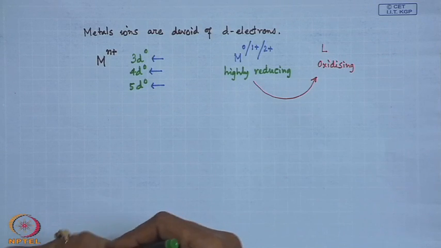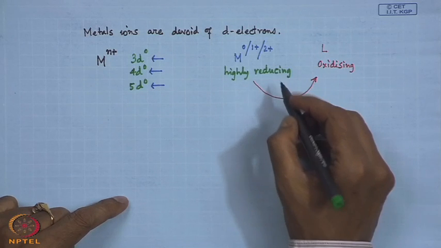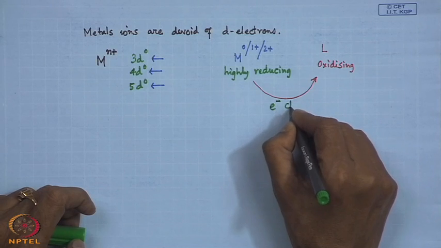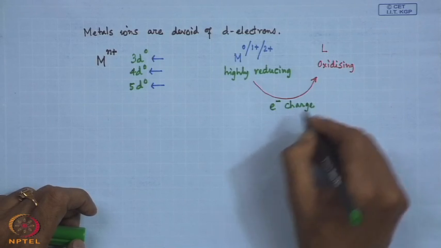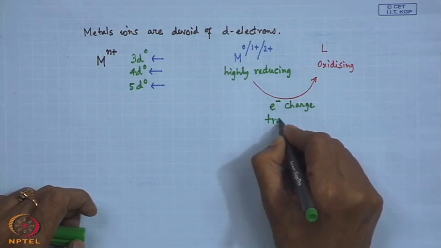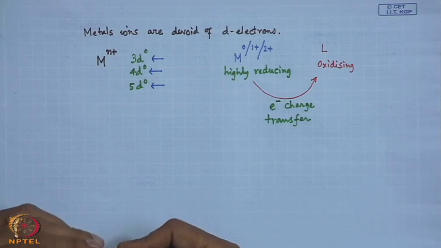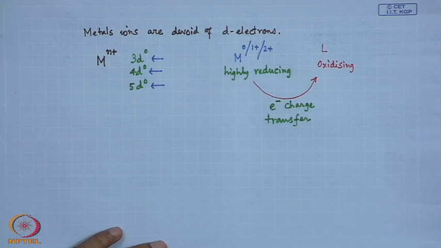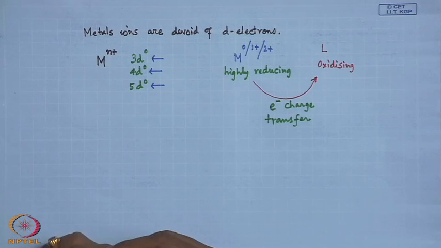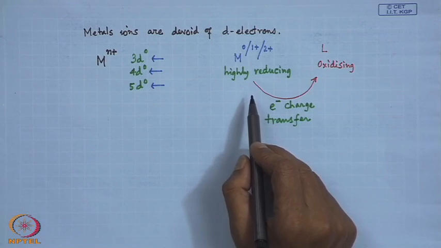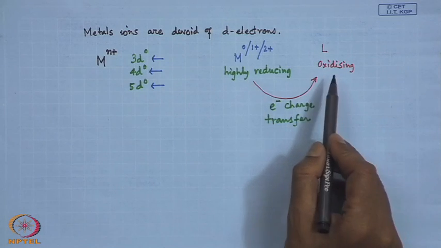Here we see the transfer of charge, which is nothing but the electronic charge. So, electronic charge transfer can take place in the opposite direction, from the metal to the ligand, and in this particular case we will consider that the charge transfer takes place from metal to the ligand.